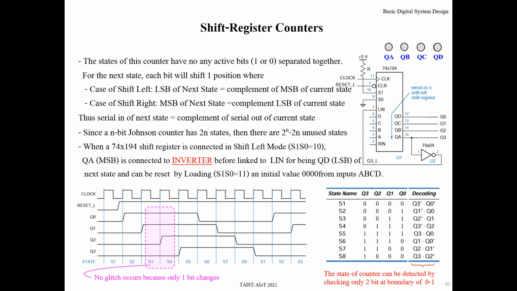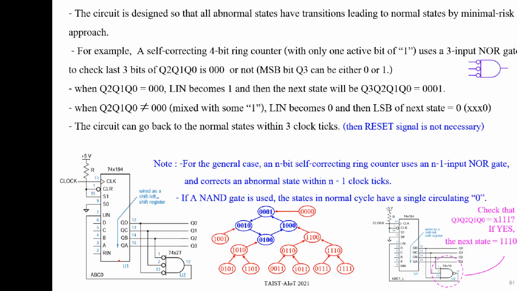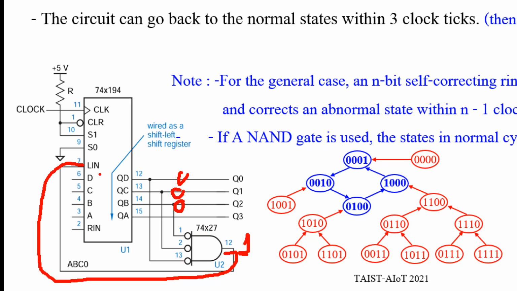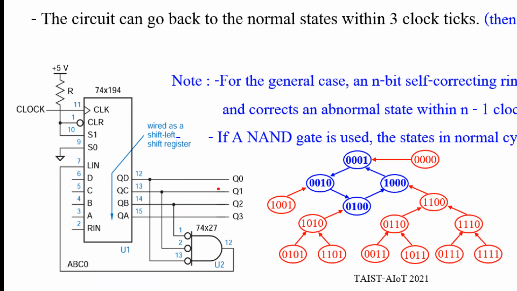For example, I use this AND gate with active low inputs to check whether the state of the counter is 0, 0, 0 at Q2, Q1, Q0 or not. If yes, the next state should go to what? If this condition comes true, this output is 1, Lin is 1, and the next state goes to 0, 0, 0, 1.